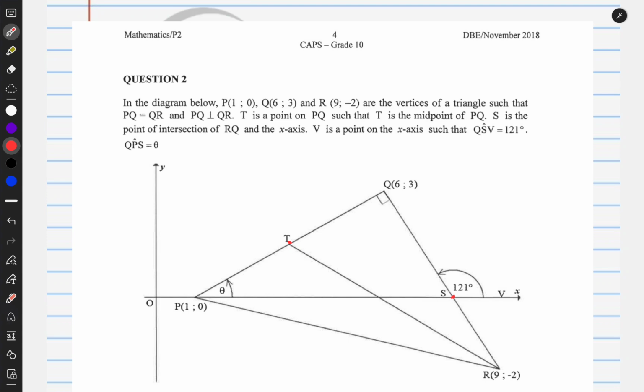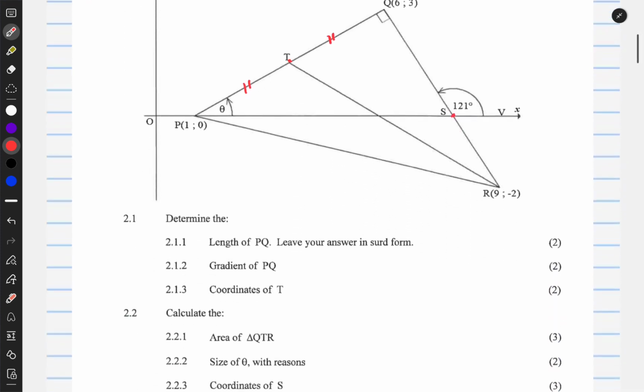That is what we are given, and we have already been told that T is the midpoint, which would make QT and PT also equal. Another thing to note, since this is a right angle triangle, we can use the Pythagoras theorem to find the sides of the triangle. But okay, let's just get into the questions.